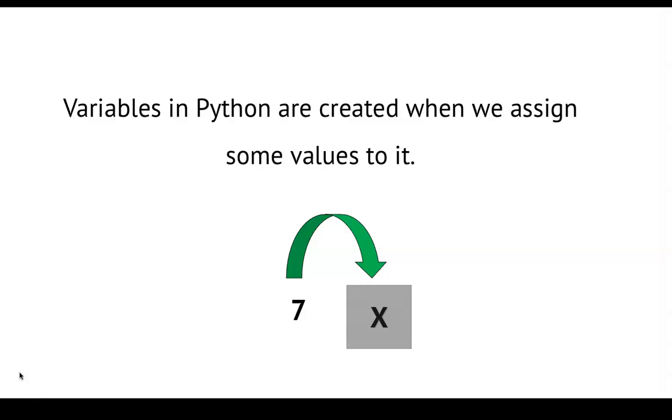Now let's understand this through a program. Suppose I have created a variable x and assigned value 7. When you print this variable, you will get the output, the value of this variable.